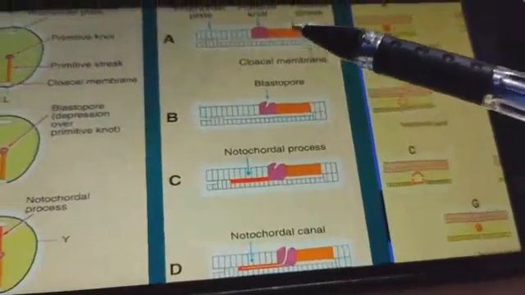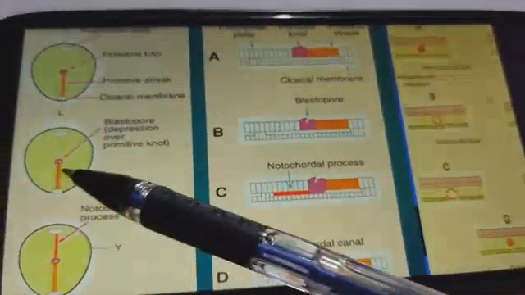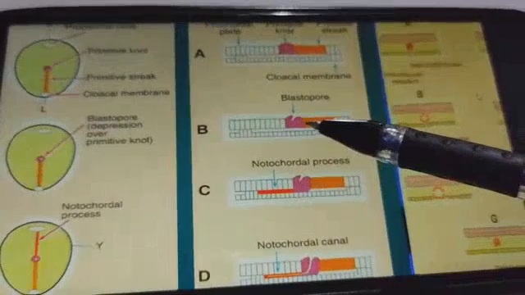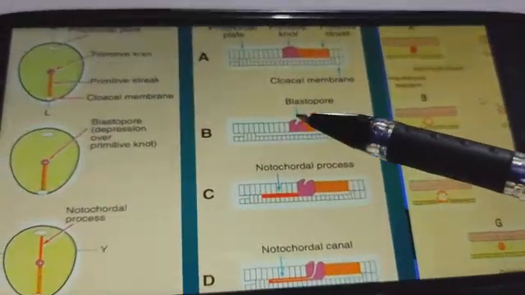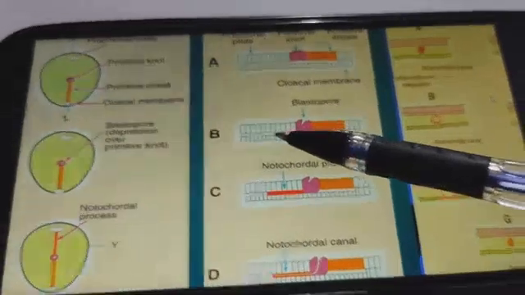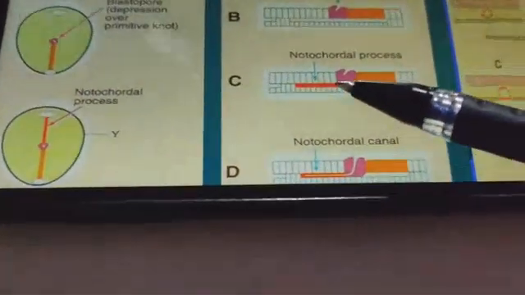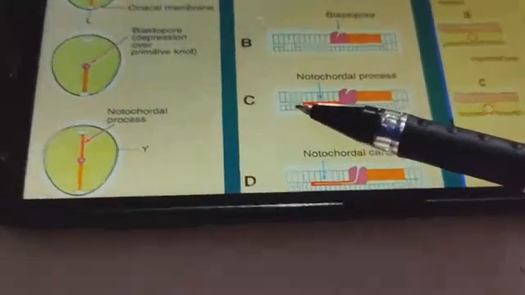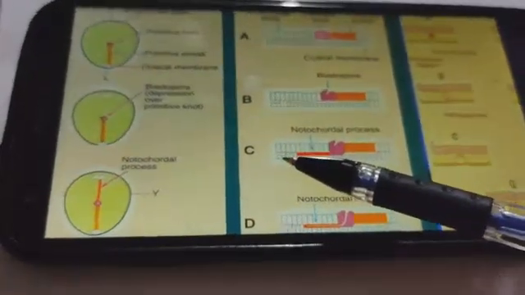So now what happens? After the formation of the blastopore, the cells pass on from here and they move inside in the mesoderm, in the intraembryonic mesoderm. But they cannot pass the prochordal plate.